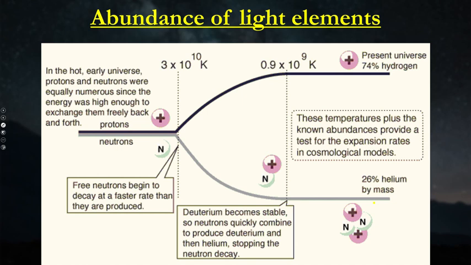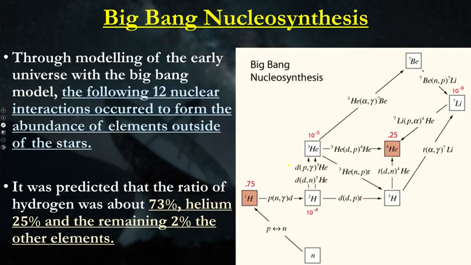Okay, how does the abundance of light elements reflect the Big Bang theory? If we model the early universe with the Big Bang, these are the elements that you can form. These are the four that you get. Following that, we can detect that a majority of these light elements were in existence when the Big Bang occurred.